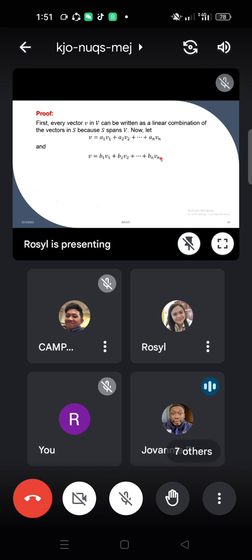So therefore, suppose that there is another linear combination of V. So your proof is lacking here. Let V be equal to a1 v1 plus a2 v2 up to an vn.